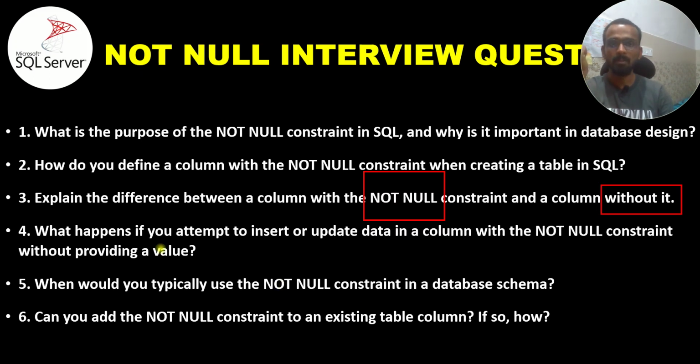The next question: what happens if we insert or update data with the not null constraint? The simple thing is, if we are following that constraint's criteria, then it will insert the data, otherwise it will throw an error.